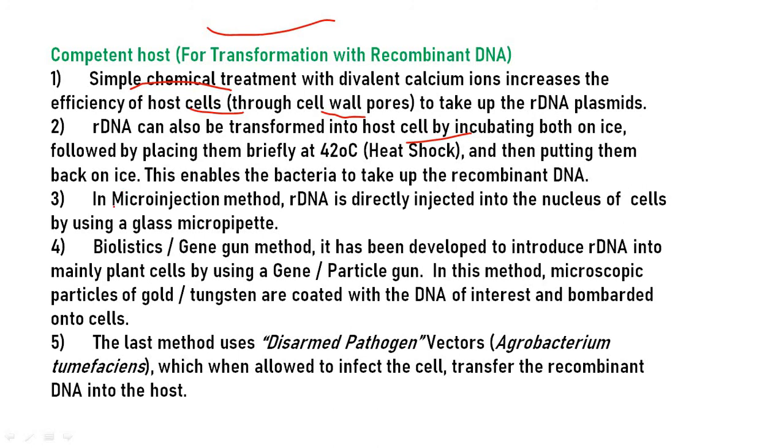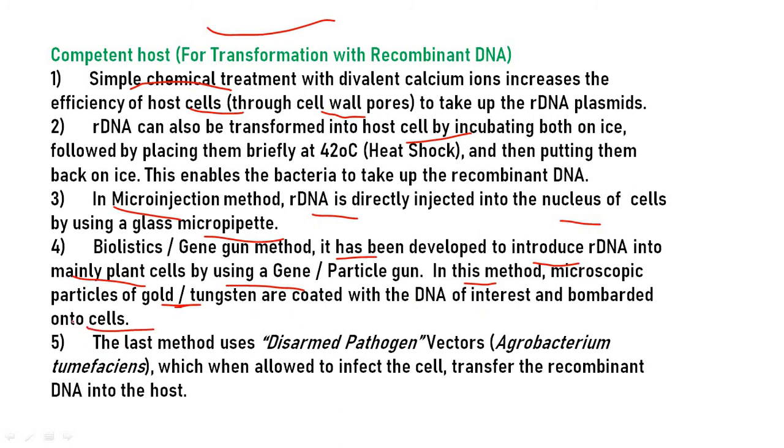As I've said, in the microinjection method, the rDNA is directly injected into the nucleus by using a glass micropipette. The ballistic or gene gun method, also known as the particle gun method, has been developed to introduce rDNA mainly into plant cells. In this method, microscopic particles of gold or tungsten are coated with the DNA of interest and bombarded onto the cells.